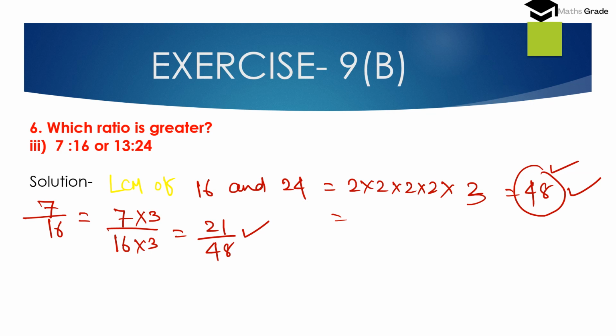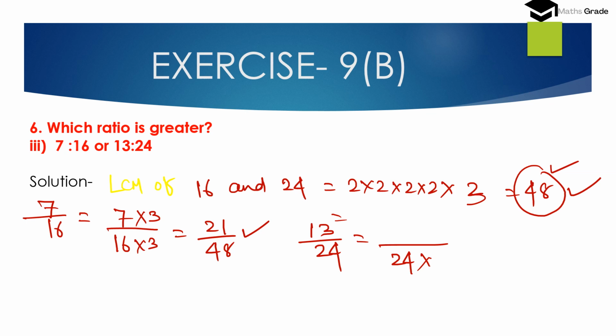Now we have to convert this ratio 13 is to 24, that is 13 divided by 24, into equivalent ratio by equating the consequent 24 to the LCM, that is 48, by multiplying the same number with both the antecedent and the consequent of the ratio 13 is to 24. We know which number we have to multiply the consequent 24 to get 48.